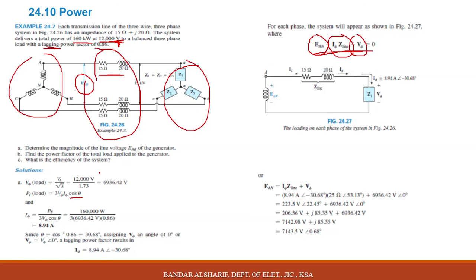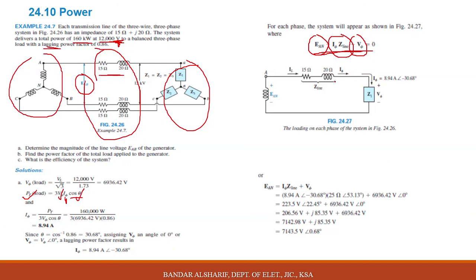Okay, we found the total power now, and we can find the I phase. We have this information, this information, this information, only the I phase remains. P total divided by 3 V phase cosine theta, you will get 8.94 amperes.